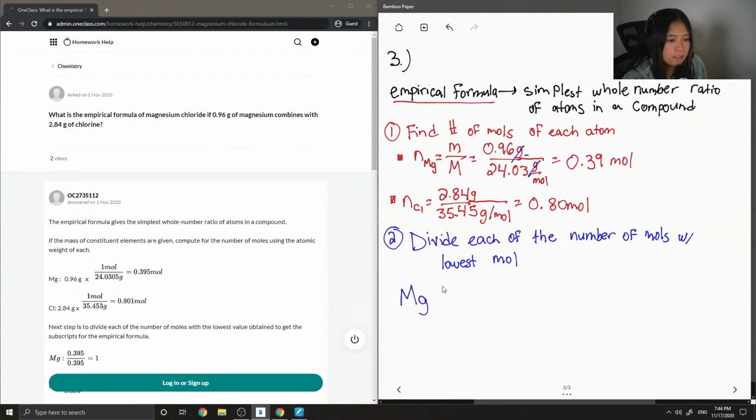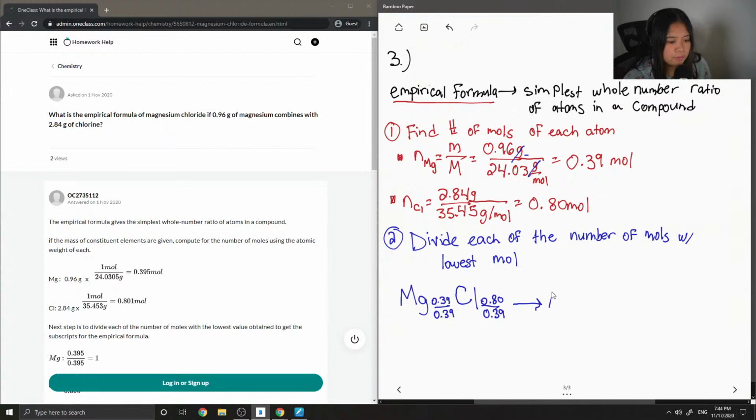And if you look at which value gives us the lowest number of moles, it's magnesium. So 0.39 divided by 0.39. Chlorine's number of moles was 0.8. And I'm also going to divide that by 0.39.